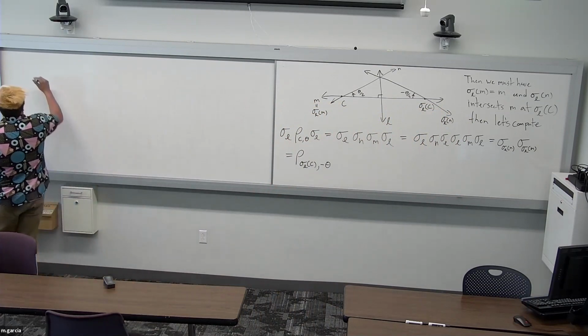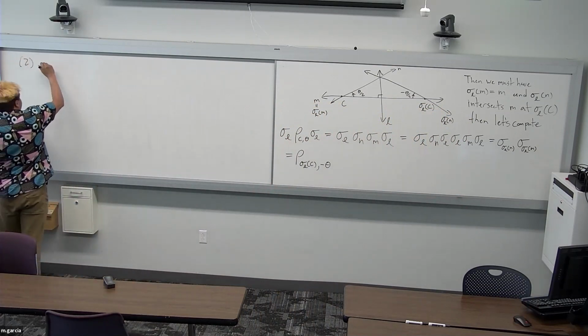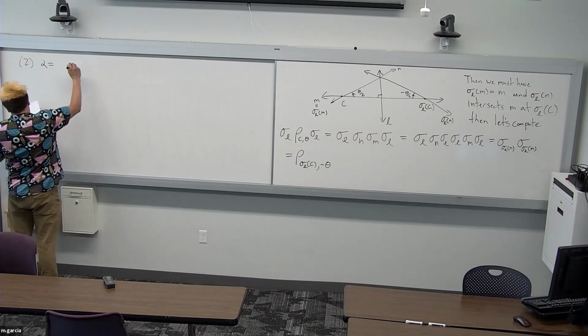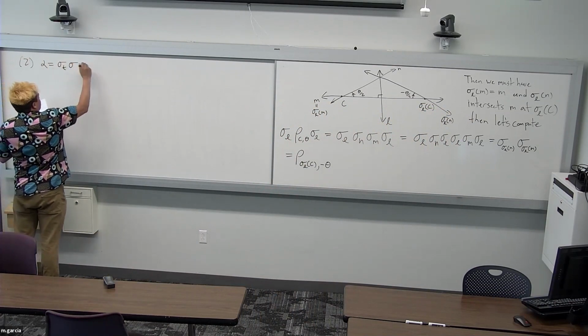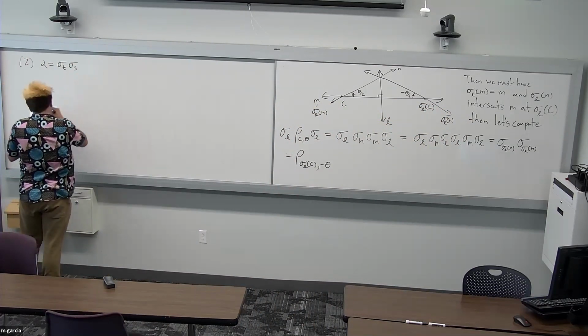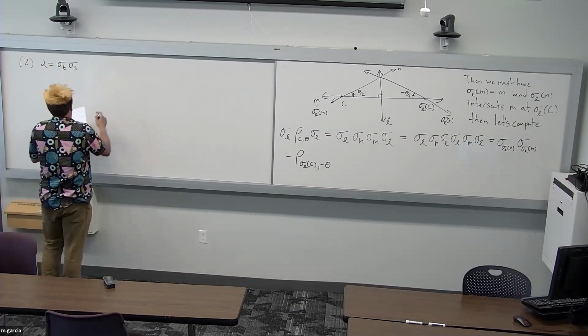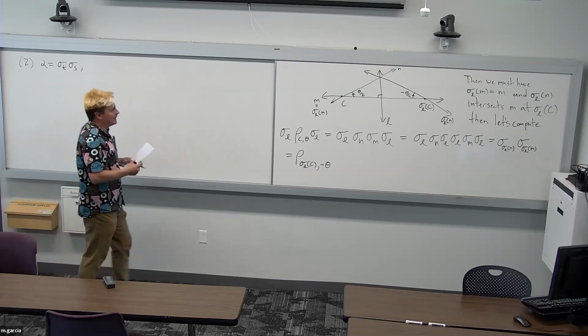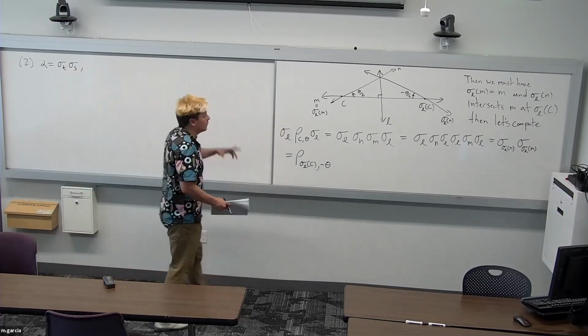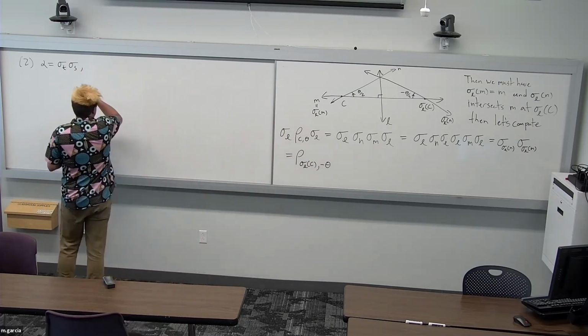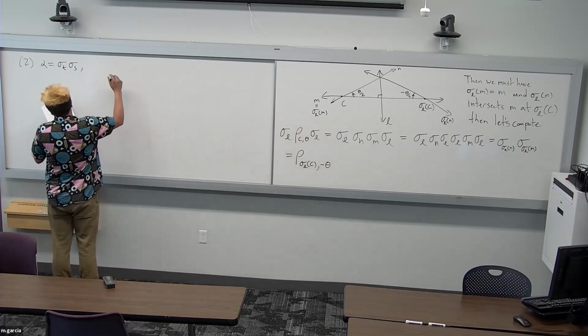But in any case, let's go on to case 2, where alpha is the product of two reflections, sigma sub t and sigma sub s. Well, now having this pictorial motivation, we can proceed just by the algebra.